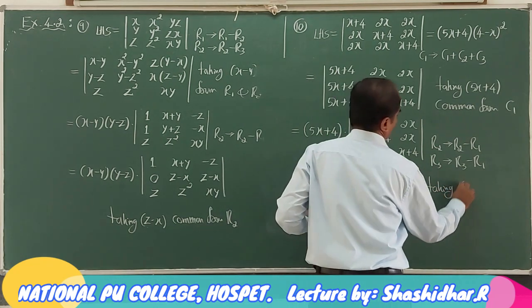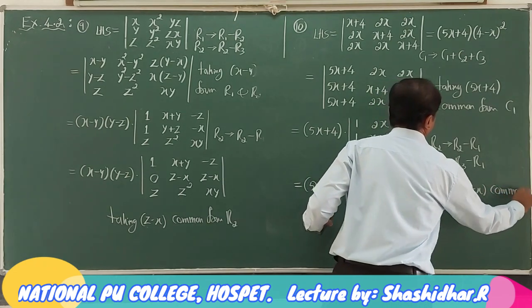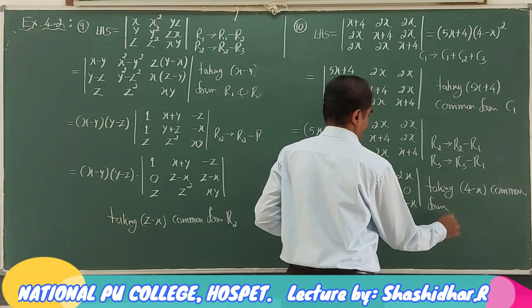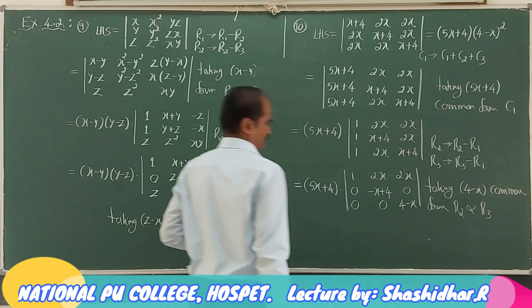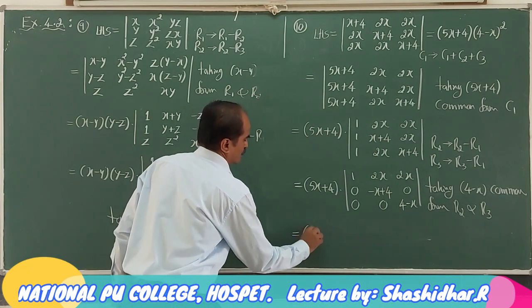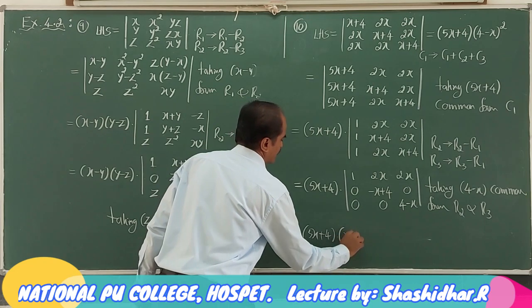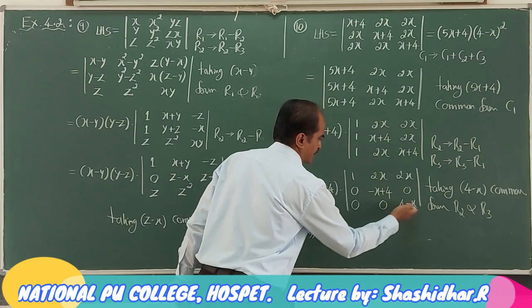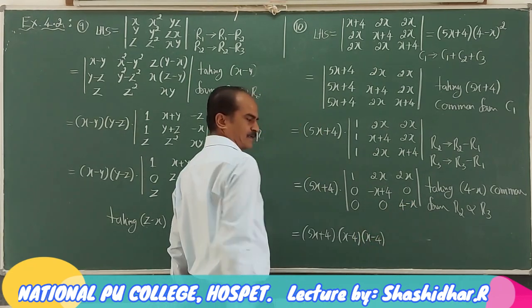Taking 4 minus x common from R2 and R3, it is 5x plus 4 into, I am taking x minus 4 common from the second row, as well as x minus 4 common from the third row also.